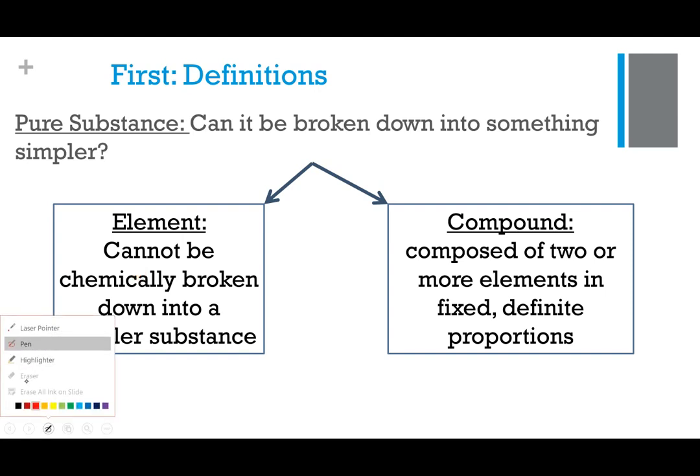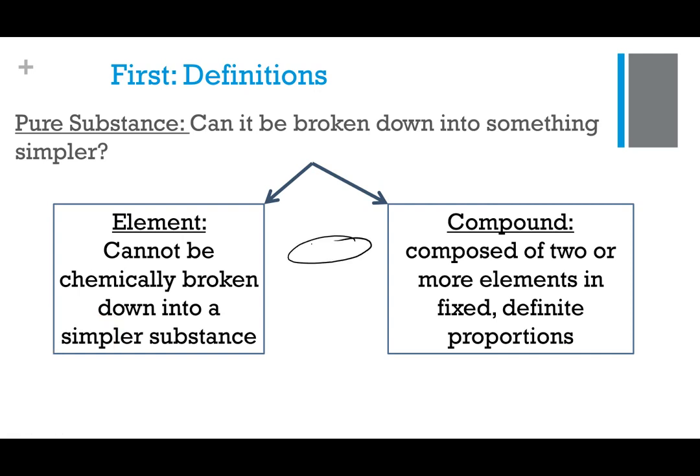Let me get my drawing tool. So what I've got here is, let's just say, a beaker of water. And I'm going to say that it's pure water, so H2O. Inside of that beaker of water, is there more than 1 type of particle present? No. From top to bottom, the only particle inside of that beaker is an H2O particle.